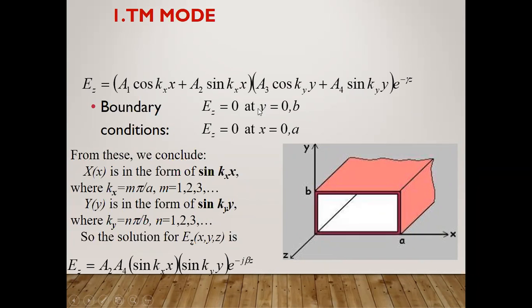If I am writing the expression for y, see here my vertical dimension y starts from 0 to b, and the horizontal dimension x goes from 0 to a. So the x coordinates are 0 comma a, whereas the y coordinates are 0 comma b, and the entire x and y are present, but the z term is 0.